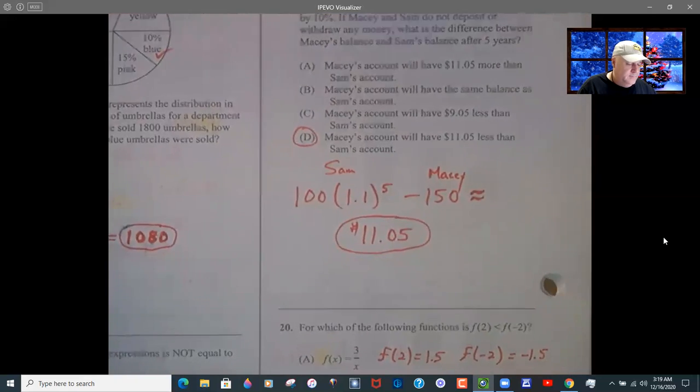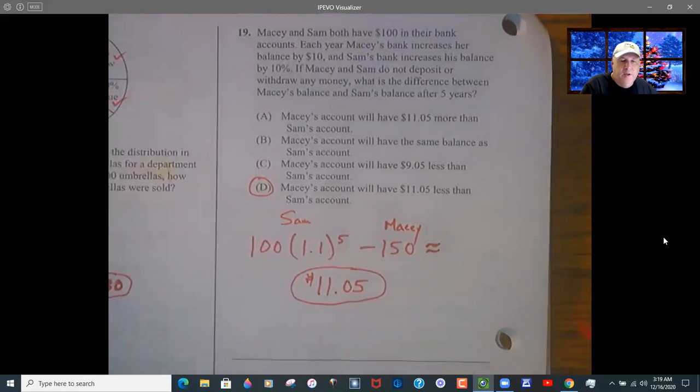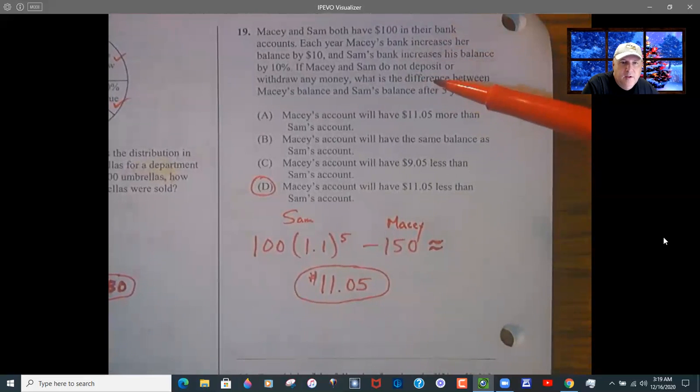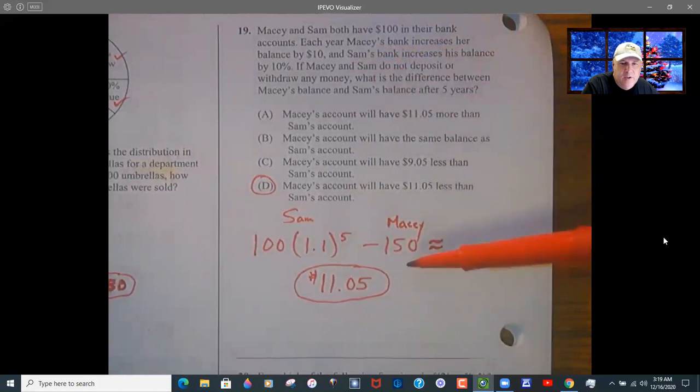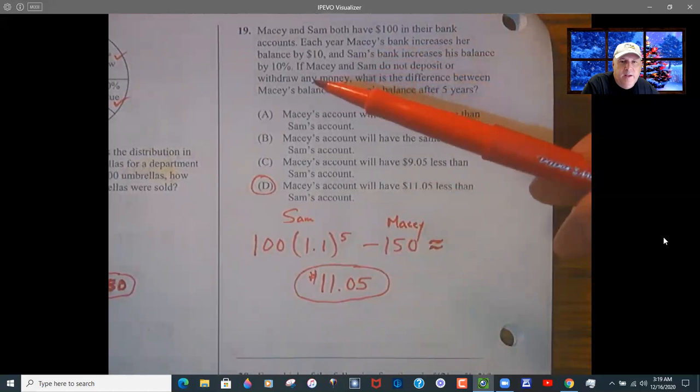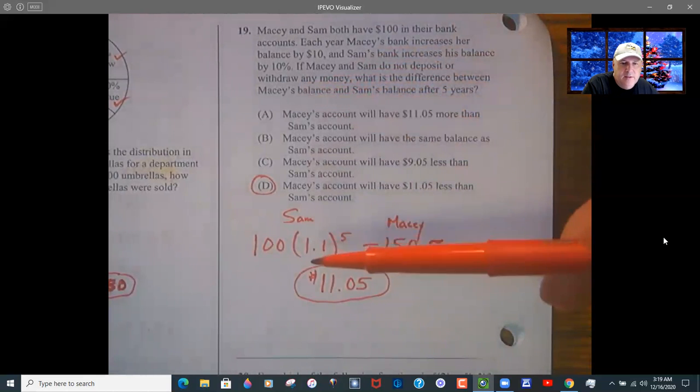Problem 19. So you're comparing these two different things. So after 5 years, Macy will have $150 because she's just putting $10 in each year. But Sam has an increase of 10% every year.